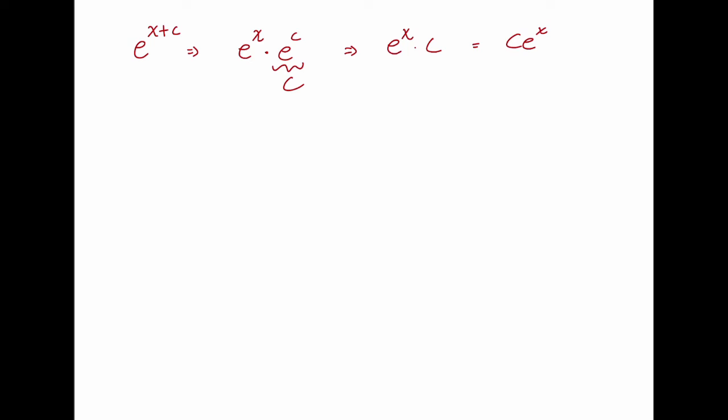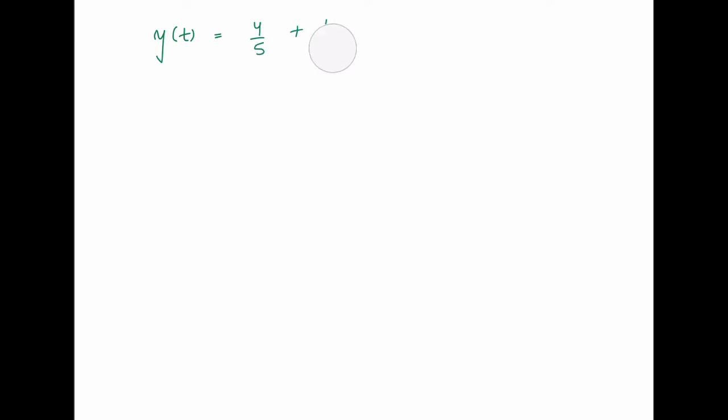Awesome. Right, let's go. So the final equation here, I'm going to get rid of this so that we have our final equation, y of t equals 4 over 5 plus 1 over 5 times 2 to the power negative t.